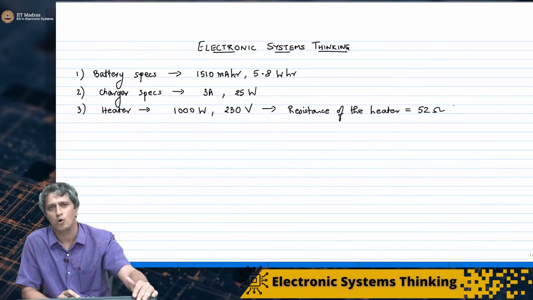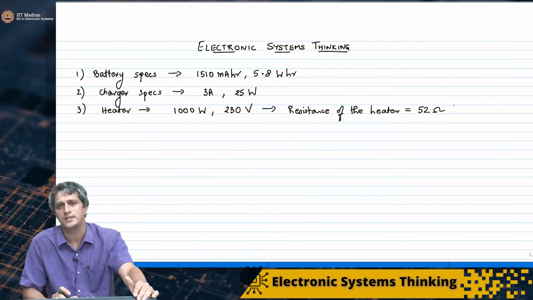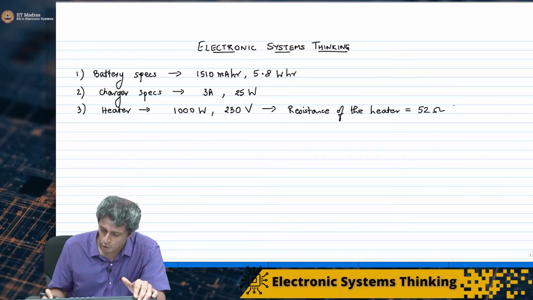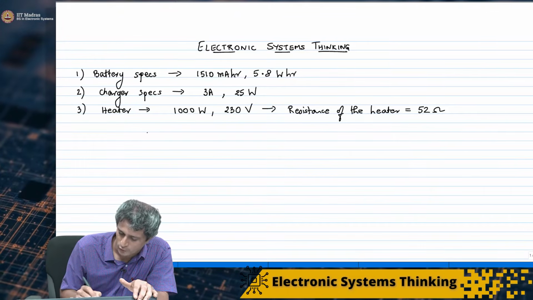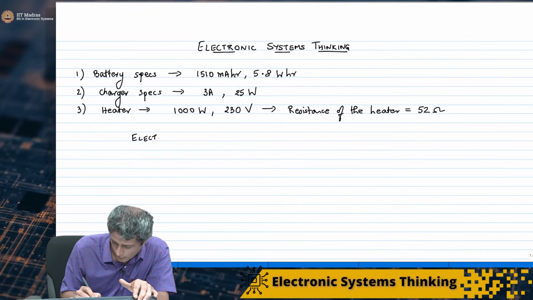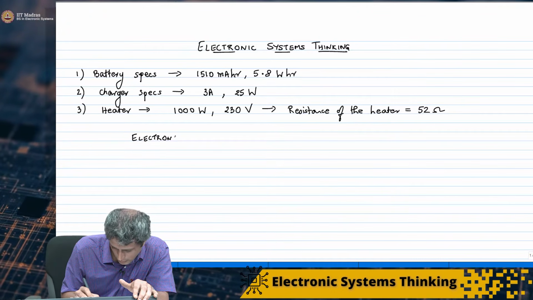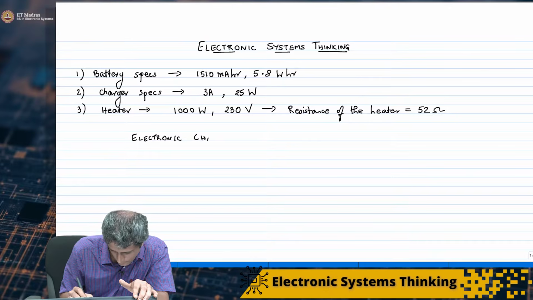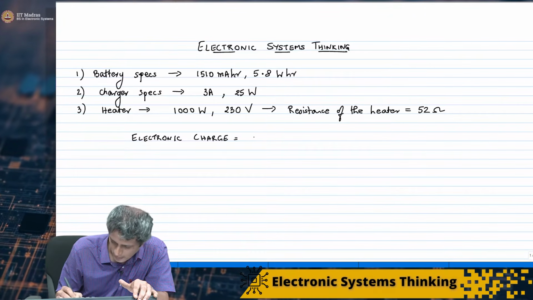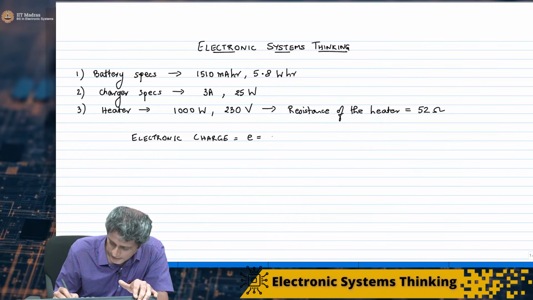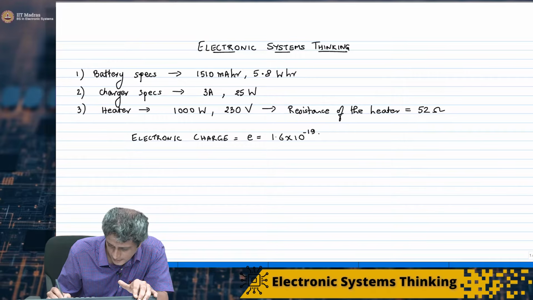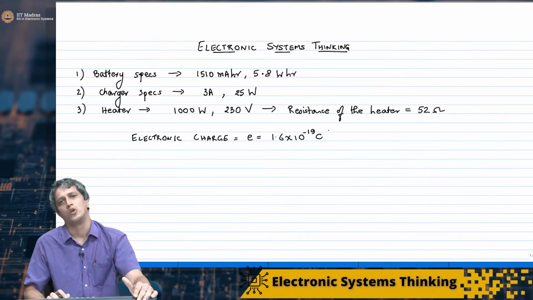Now we are going to understand all these terms a little more formally, and in order to do that we have to start with what is known as the electronic charge, e, which is 1.6 times 10 power minus 19 coulomb.